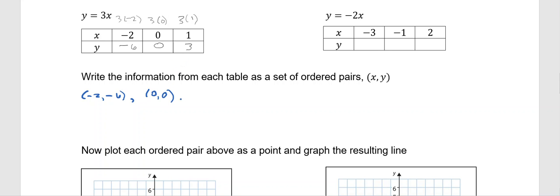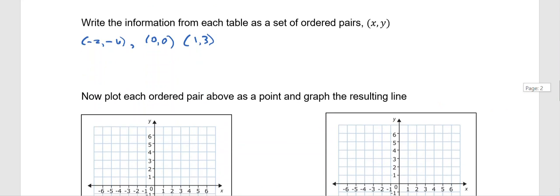And then for a final piece of information, I can take the value of 1 for x and 3 for y. So we went from an equation to using some given values of x, substituting those values of x into the equation, solving for y, and now constructing some ordered pairs.